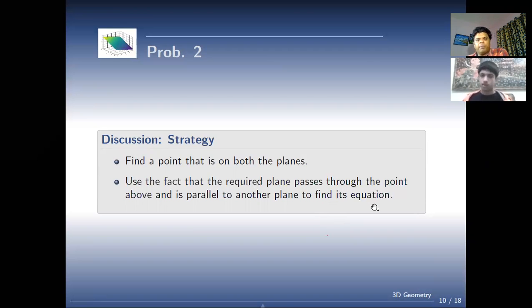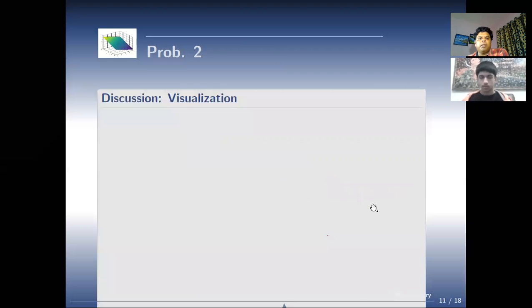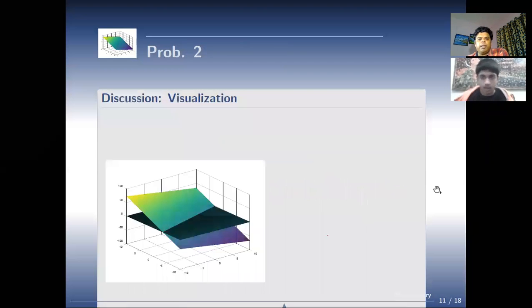Okay, so let's see. Here is the visualization. I have this plane here, another plane here, and this is the line of intersection between these two planes. This line should be contained in a third plane, which should also be parallel to another plane which is given.